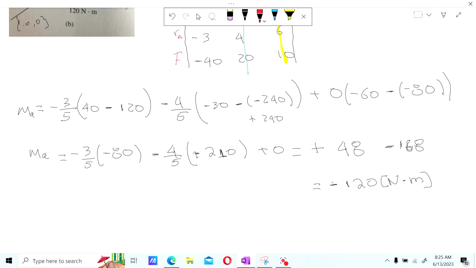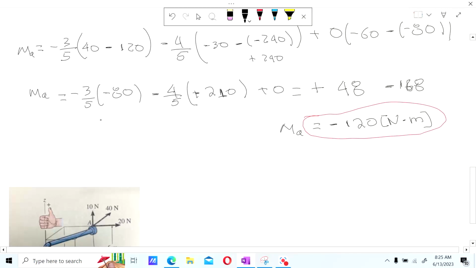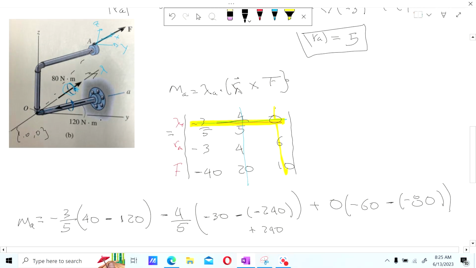Okay, so the moment around A, the axis A, is negative 120 newtons per meter. So it's basically going to be clockwise as well. It's going to be clockwise.